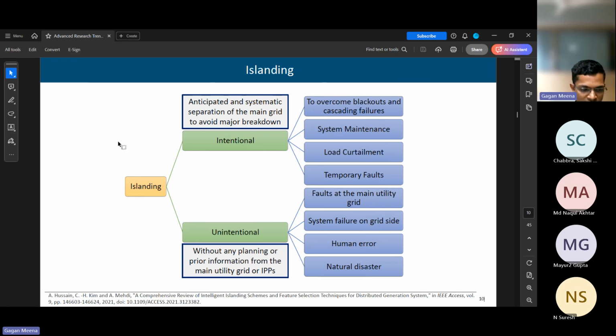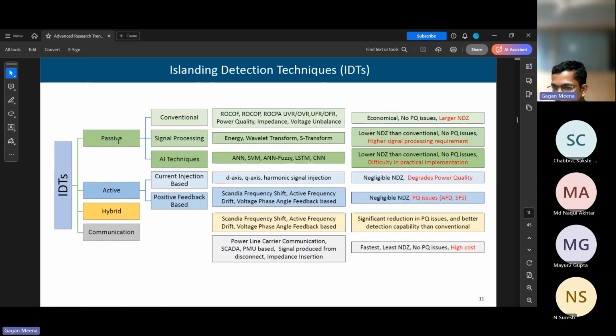Sorry for the inconvenience. There is some problem with Microsoft PowerPoint and Teams together. We will stick with the Adobe version.